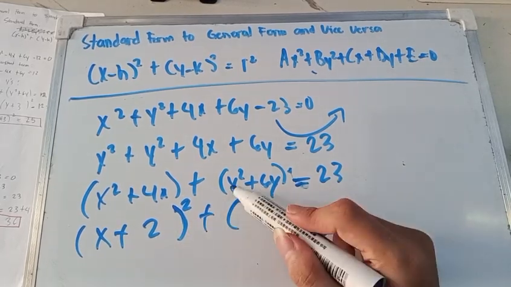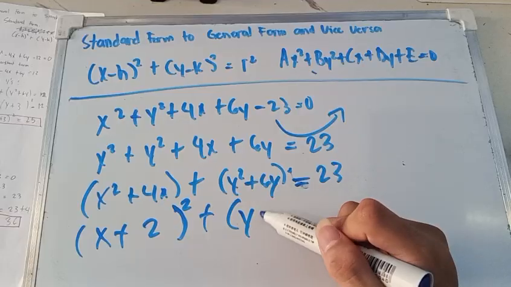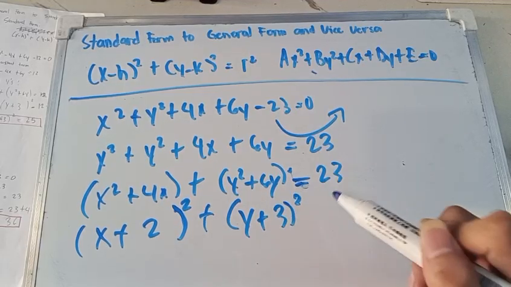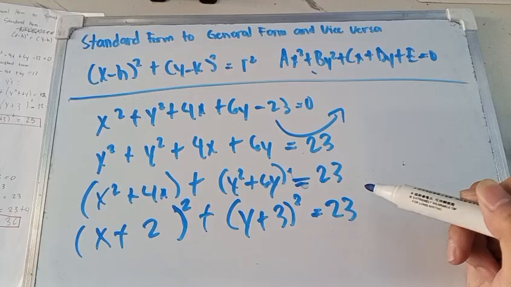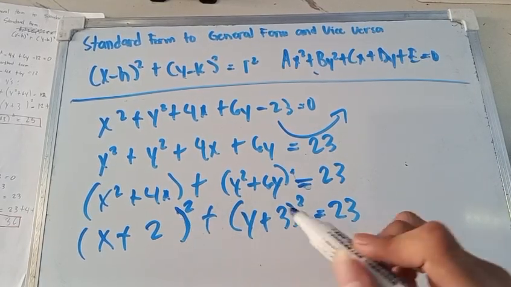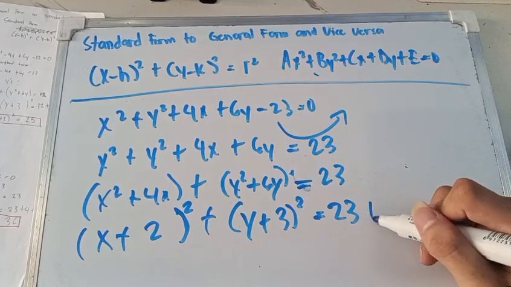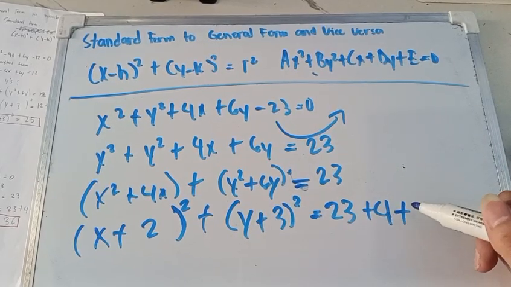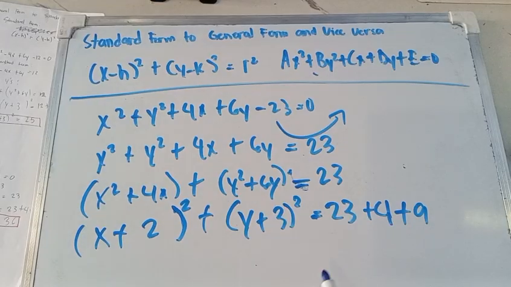Plus, same process. If this is y squared, then this is y. Copy operation, then half of 6, which is 3. Now, 2 squared is 4, and we will put that 4 here. And 3 squared is positive 9, and we'll put that 9 here.